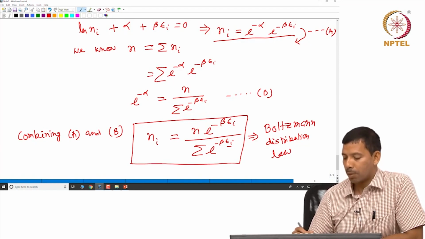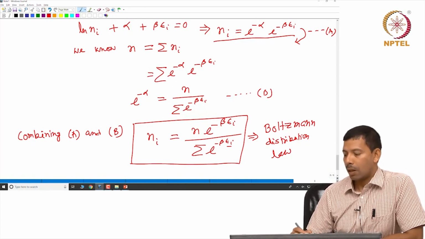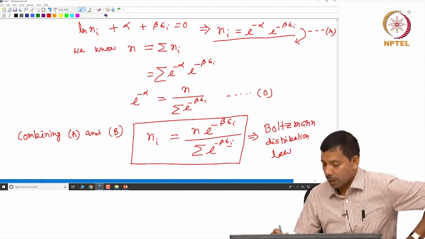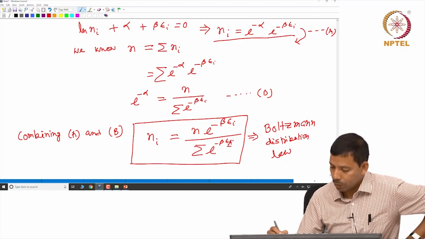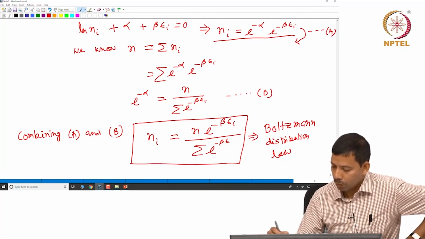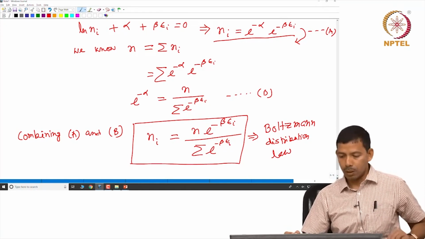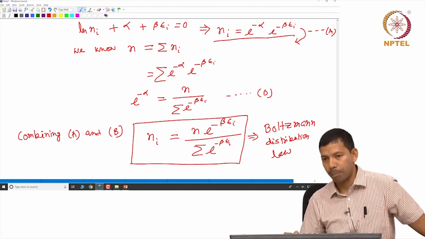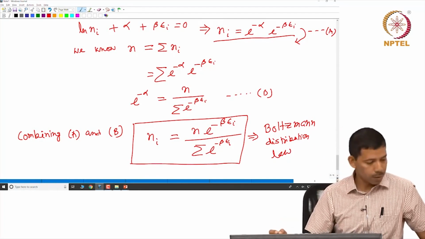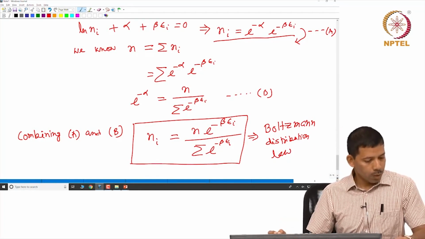So ni is the number of particles having energy epsilon i at equilibrium. The Boltzmann distribution basically dictates the distribution of particles across the energy states.